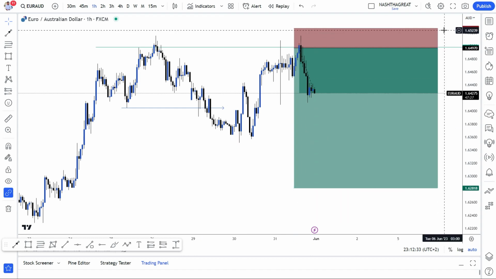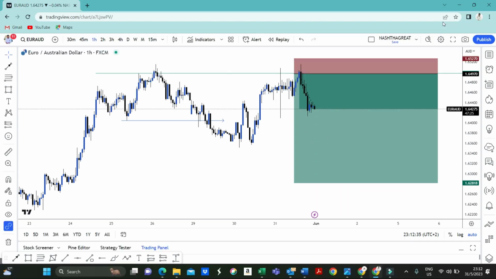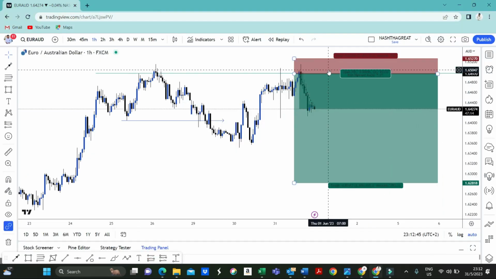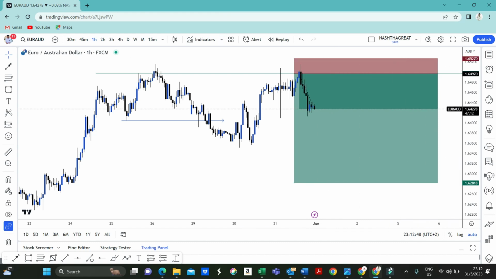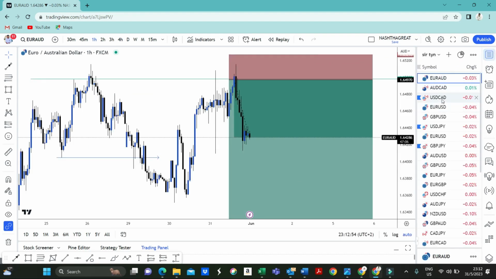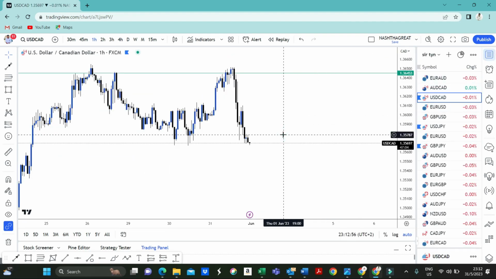So let me go to the other signal that I had here, right? What was that? Let me just confirm here, right? That was USD CAD, right? USD CAD. Okay, the signal again. All right, let me just go to this one, then we explain it. USD CAD. This one. This was the USD CAD, right? So USD CAD again.